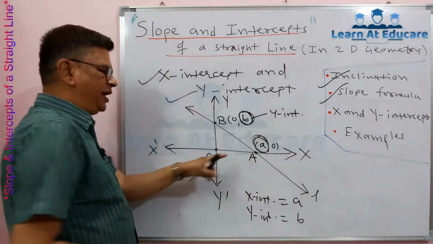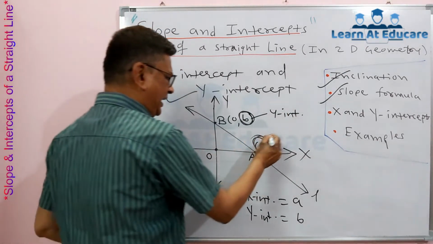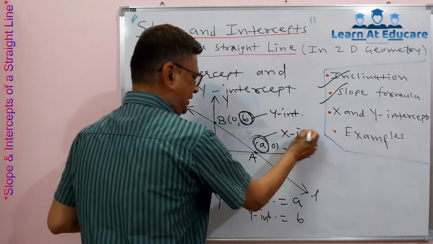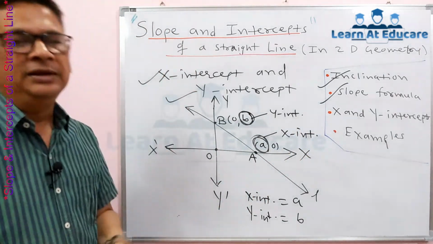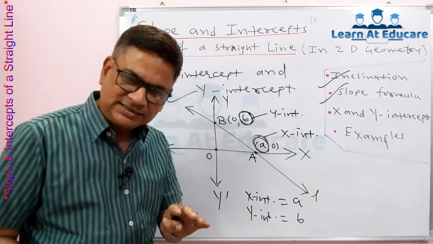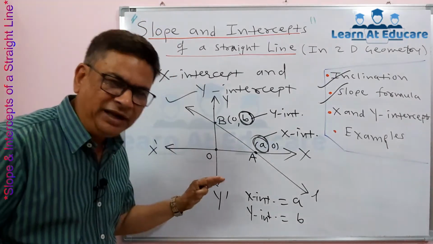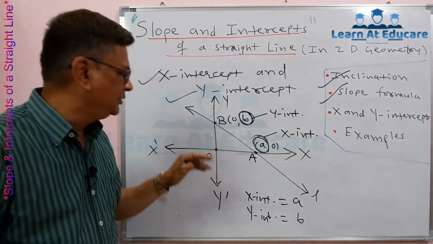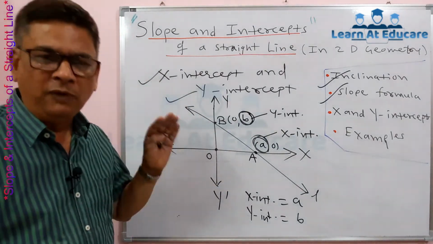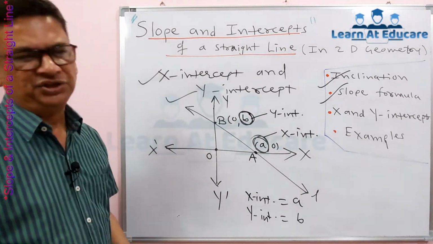Similarly, this point A has x coordinate a, and that is called as x intercept. In short, in general, x intercept means it is the x coordinate of point of intersection of line with x axis, and y intercept means the y coordinate of the point of intersection of line with y axis.